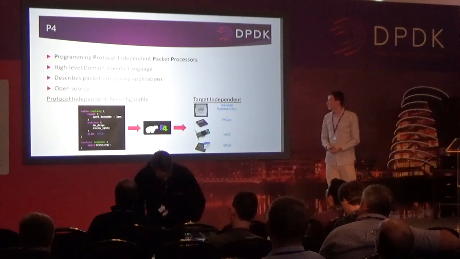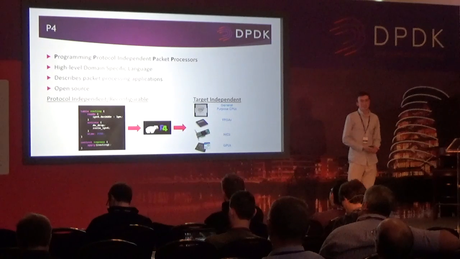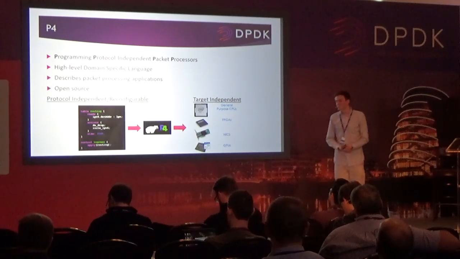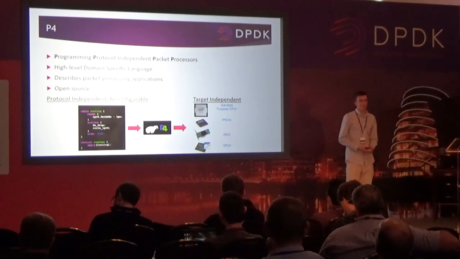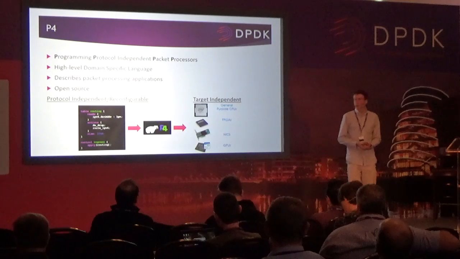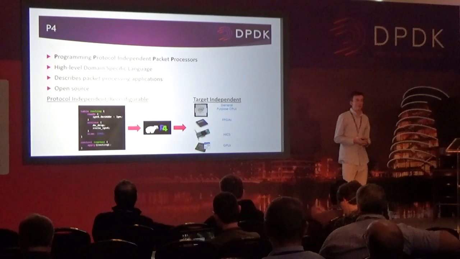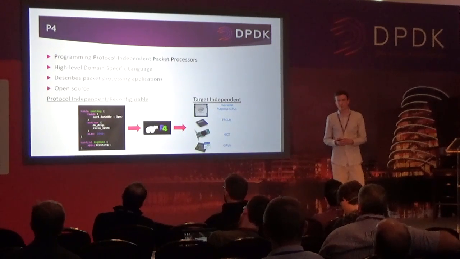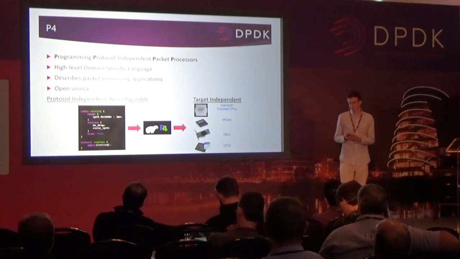And then on the right side of the diagram you can see some targets that P4 can be compiled for. So one very interesting one at the moment are smart NICs, and there's a number of POCs around this area that different companies, even some of the companies here, have. But what we're concerned with today is the general purpose CPU. And in this model, P4 will be compiled to C code, which will then be included with OVS and compiled into your resulting application.